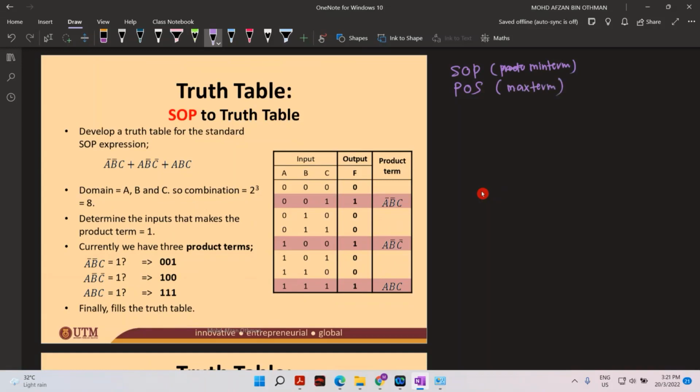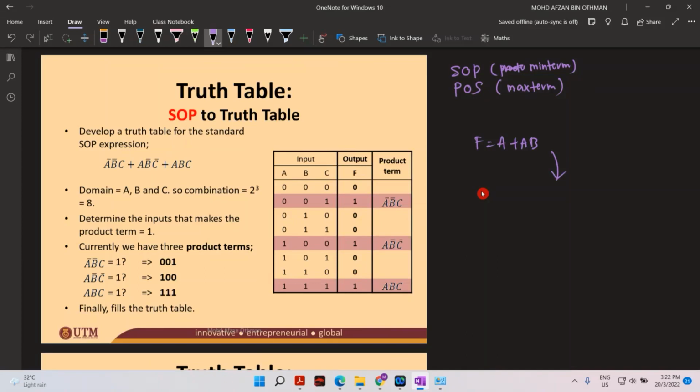Okay, so you are going to develop a truth table for the standard SOP expression. Untuk dapatkan truth table, the first step kita kena buat standard SOP. Once kita dah comfortable using the standard SOP, then after that, even dibagi persamaan macam ni pun, kamu boleh straight away transfer to truth table.